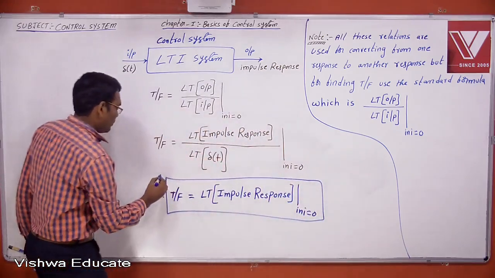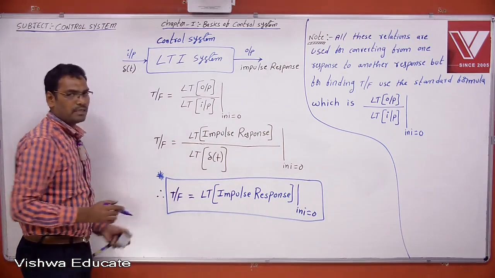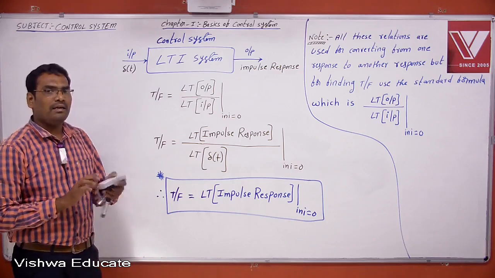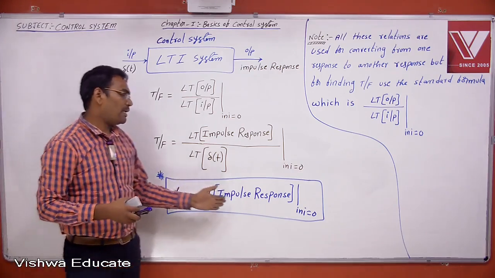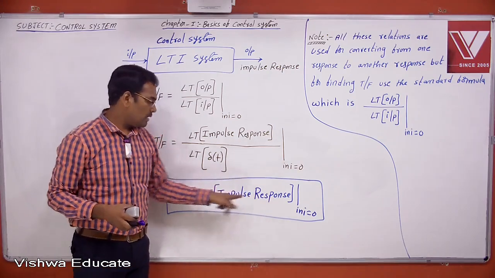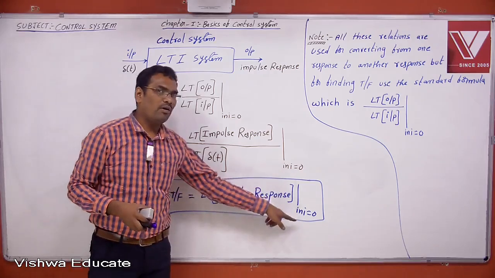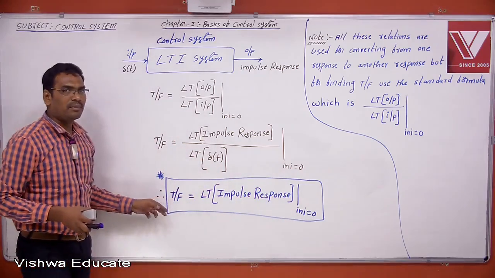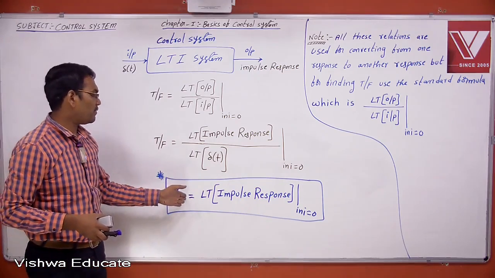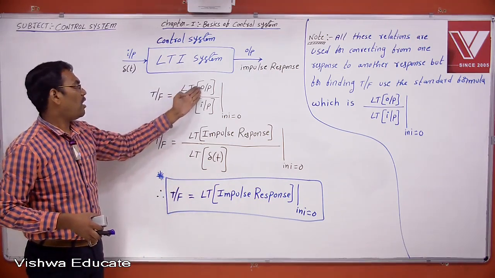This is one important definition of transfer function if there is an impulse response. In questions or in our subject, sometimes you will get the impulse response directly. You don't do anything, just simply apply the Laplace transformation of that impulse response with all initial conditions equal to 0, and that is the transfer function. This comes from the standard definition: output by input.